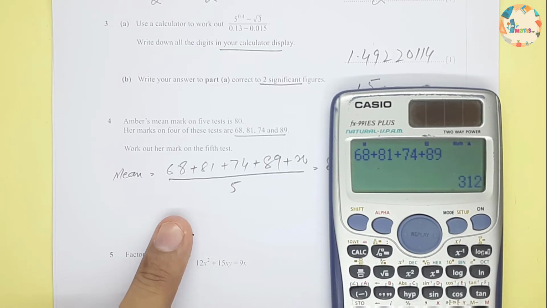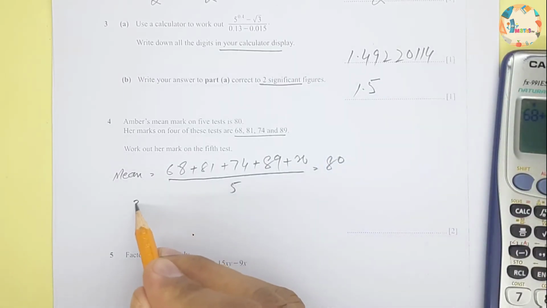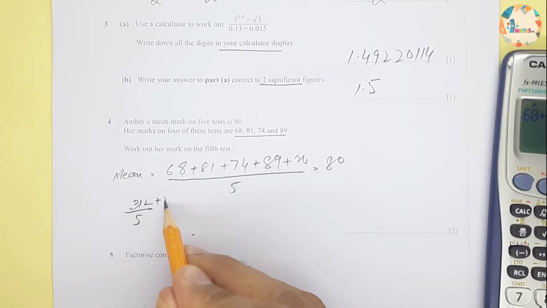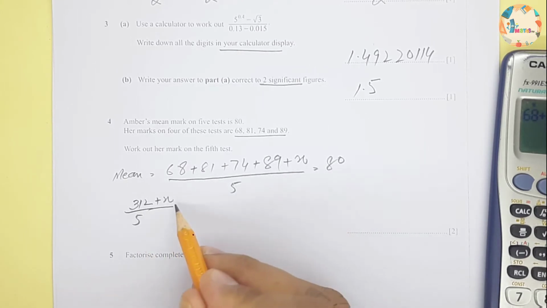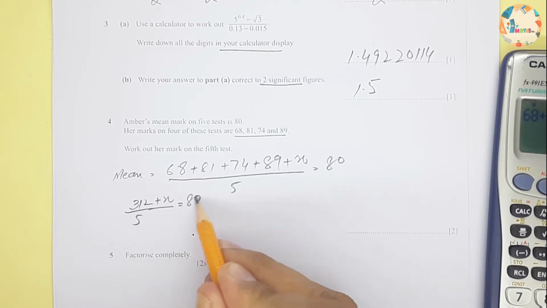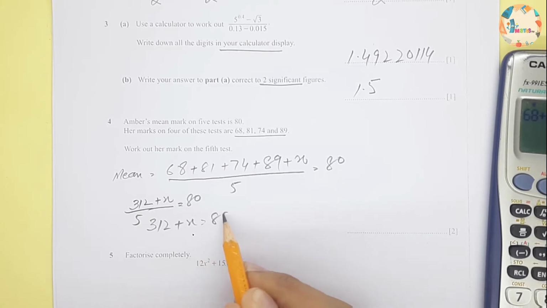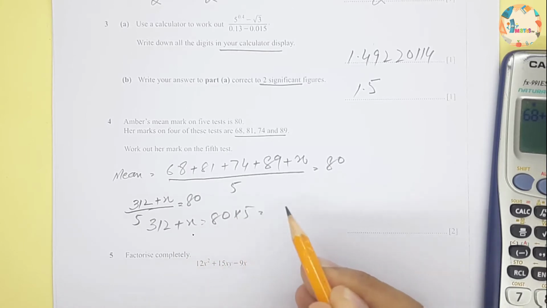This will add up to 312, so the equation will become 312 plus x divided by 5 is equal to 80, and we can write 312 plus x is equal to 80 multiplied by 5, which is equal to 400.